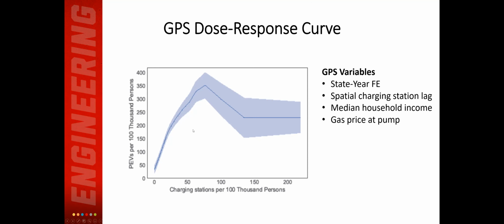And so what we get here is this positive causal relationship between charging stations and PEVs, and it drops off at larger charging station counts. So this is non-linear, so we're not getting point estimates here. We get a curve.